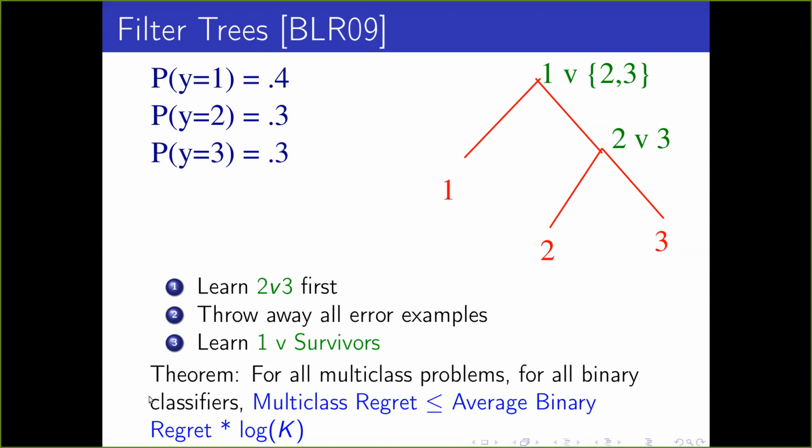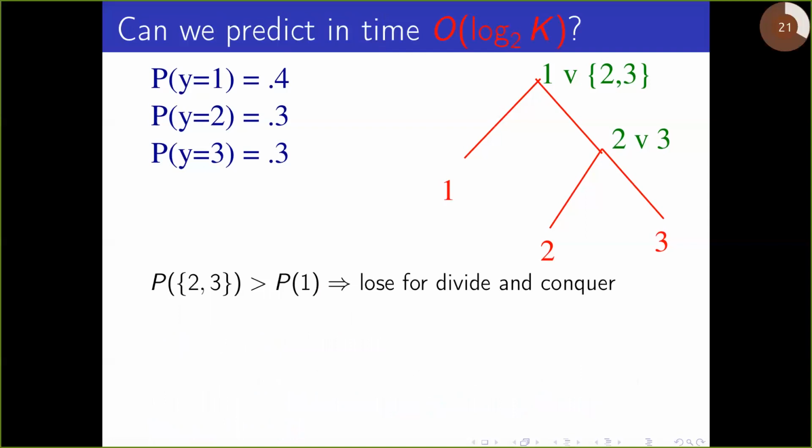So I still don't understand why to throw away all the other examples, what difference did it make? Yeah, so when we were learning from the top down, we were comparing the probability of 2 or 3 to the probability of 1 at the root.